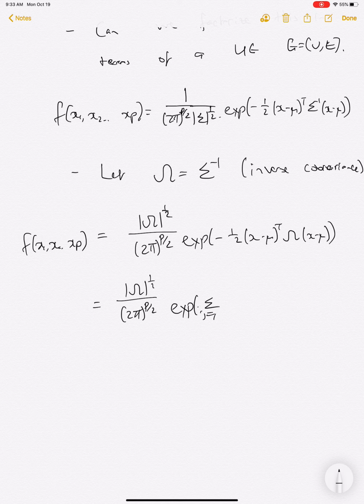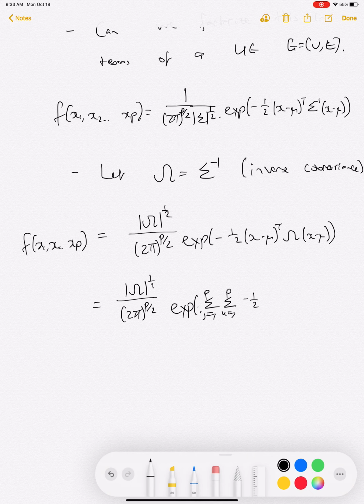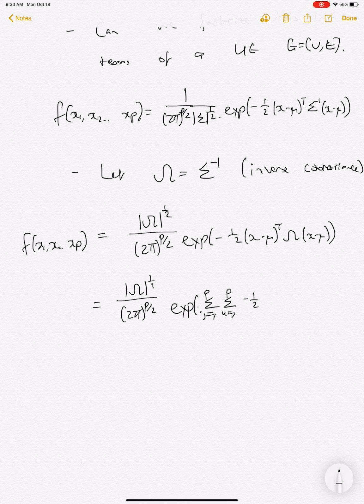exponential of summation j equals 1 to p, summation k equals 1 to p, and then it's going to be negative a half of xj minus mu j omega jk, and then xk minus mu k.